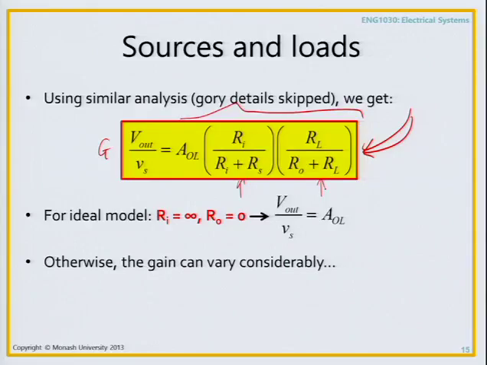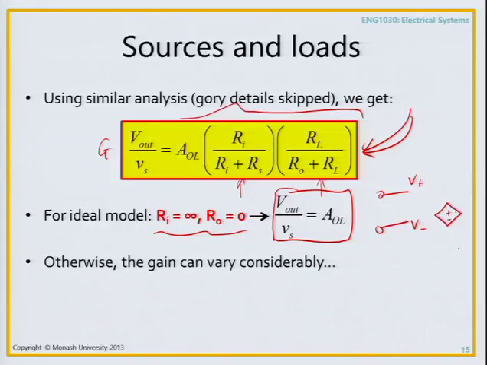And in the ideal model, if we assumed these values, then you can simplify all that to Vout over Vs equals AOL. So in our ideal model, we had V plus, V minus: AOL times (V plus subtract V minus).